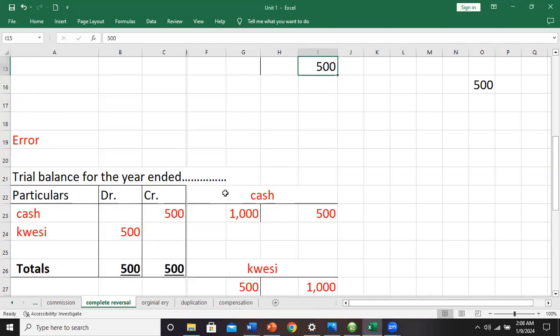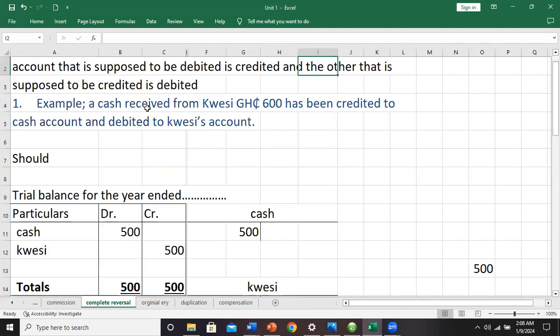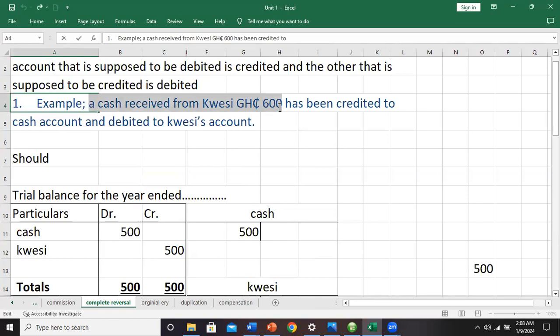So what we are saying here is that the error that I just showed was that cash received from Kwesi has been credited to cash account and debited to Kwesi. Now let's look at the transaction here. The main transaction here is cash received from Kwesi. And when we did our double entry, when you receive cash, you debit cash and you credit the person who is giving the cash, which is Kwesi.